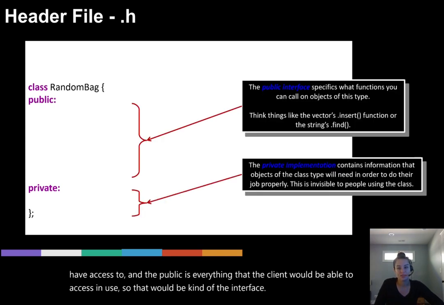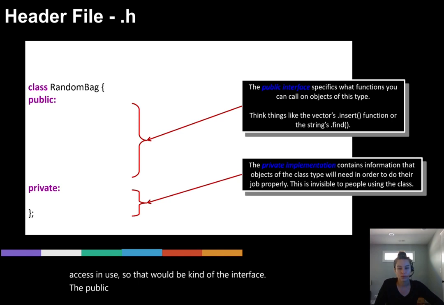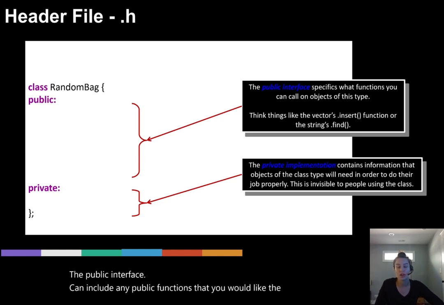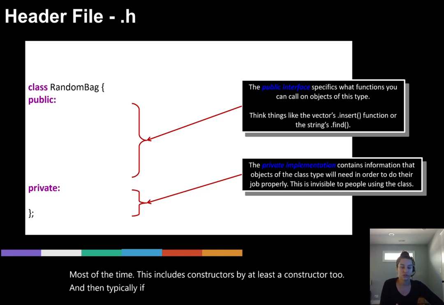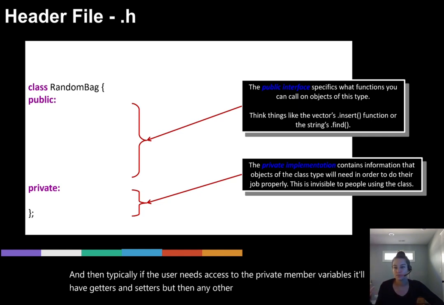The public interface can include any public functions that you would like the user to be able to call. Most of the time this includes constructors, at least a constructor or two. And then typically, if the user needs access to the private member variables, it'll have getters and setters. But then any other function, push_back, find, insert, erase, any of those functions are public.